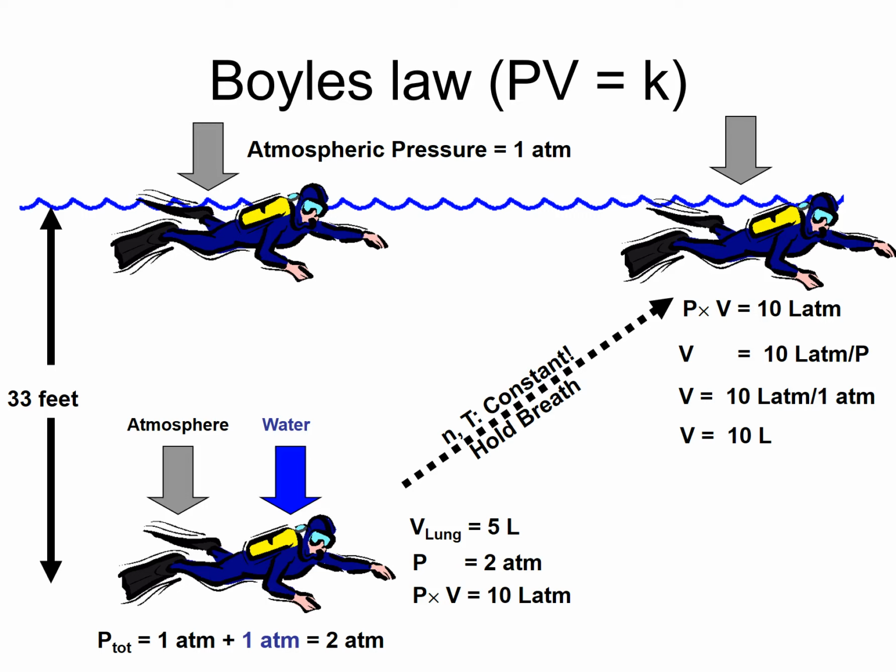It was fine when you were submerged at 33 feet, but at atmospheric pressure, there's way too much gas in your lungs for your lungs to be able to surround and encapsulate all that volume. So, long story short, when you're a scuba diver, you're always blowing air out as you surface to let the excess air out, such that the volume of your lungs is not forced to increase to this ridiculous 10 liters figure.